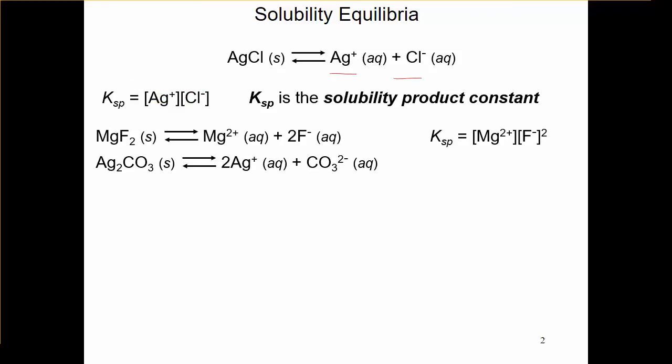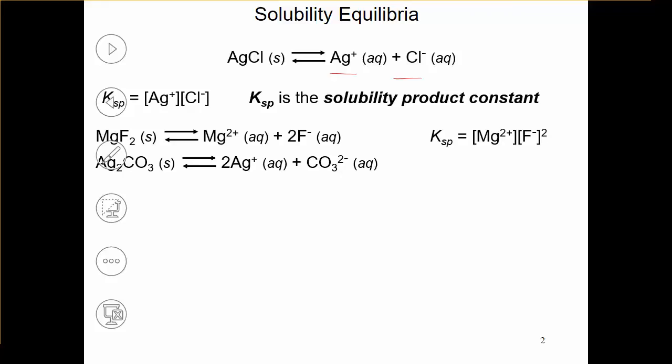Okay, here we see magnesium fluoride dissociates into 1 magnesium and 2 fluorines. So here this is going to complicate it slightly, because when I set up my Ksp, I have 1 magnesium and I have a fluorine squared. Okay?